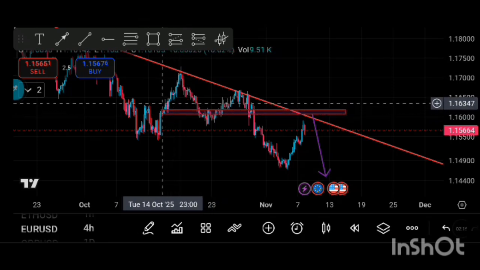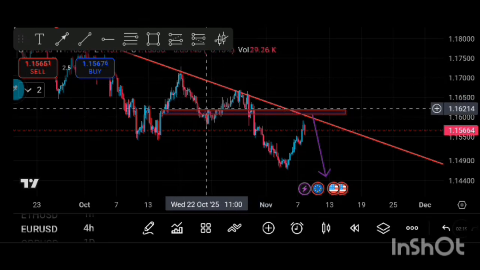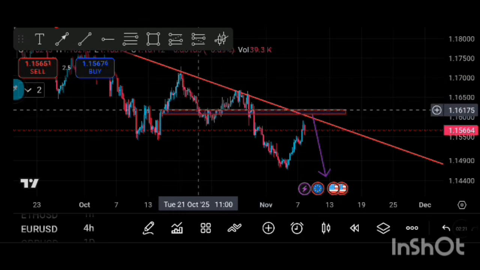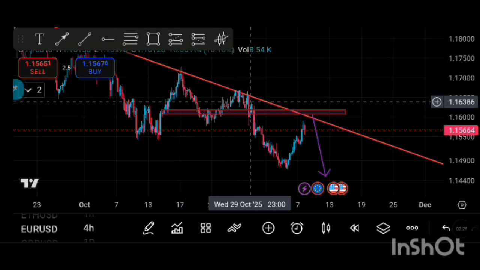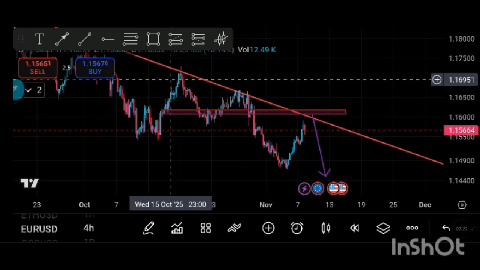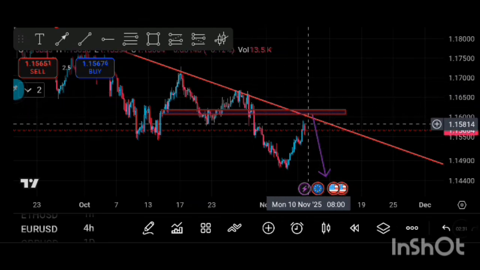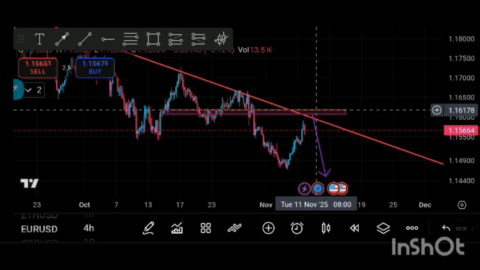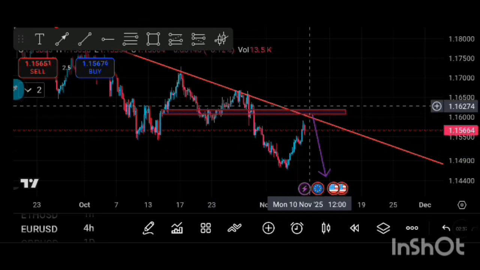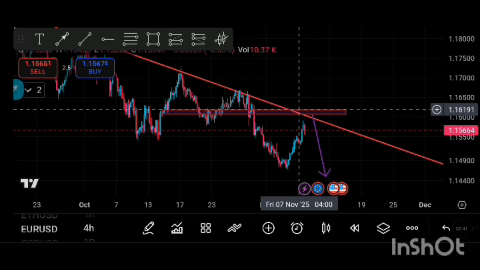At first it bounced from here, went up, came back to the area of support and bounced back, yet it respected my trend line. So due to these multiple touches on this trend line, it's more likely to respect this touch. And also we see a resistance. So this might form a resistance line.